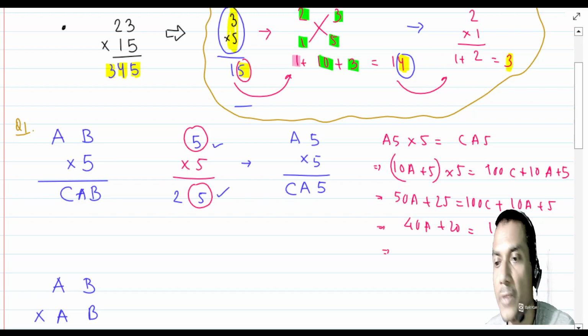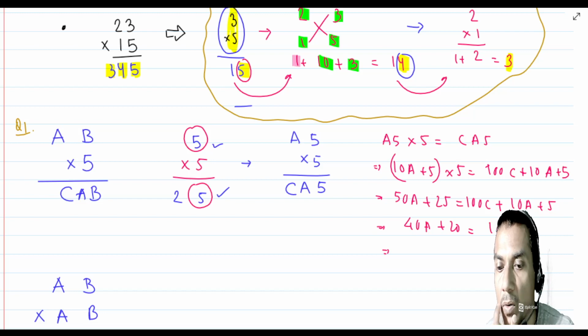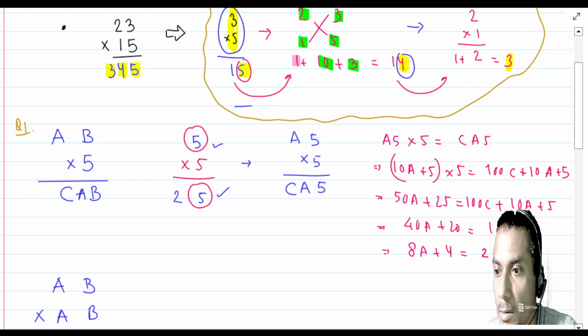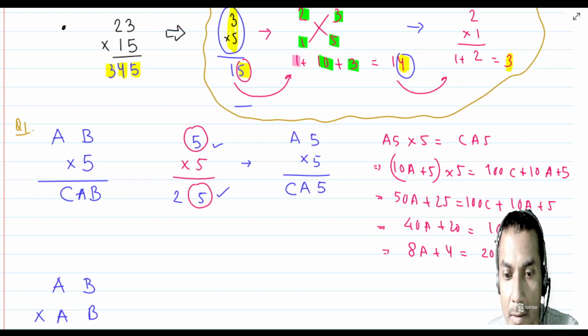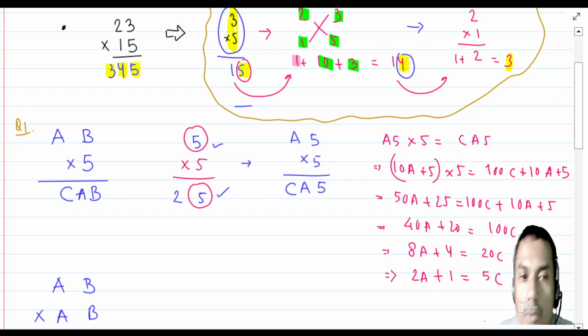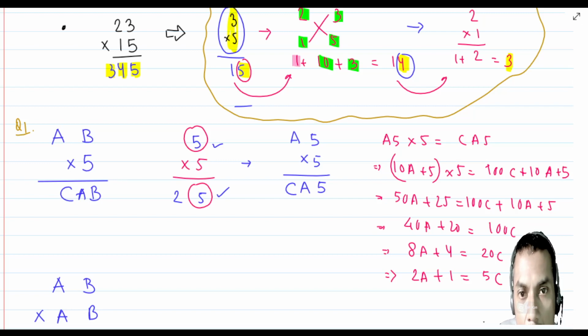Now, further simplifying, if we divide by 5, we get 8a plus 4 equals 20c. Finally, for the simplification, 2a plus 1 is equal to 5c. 2a plus 1 is equal to 5c. Clear?